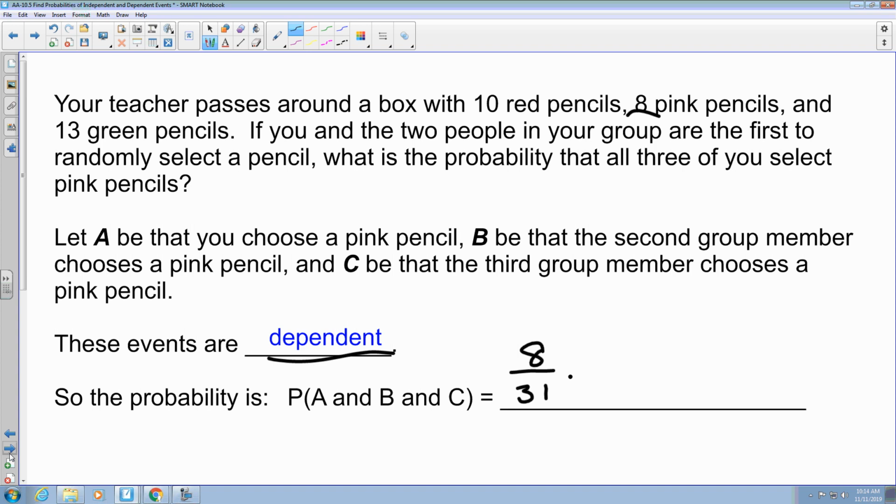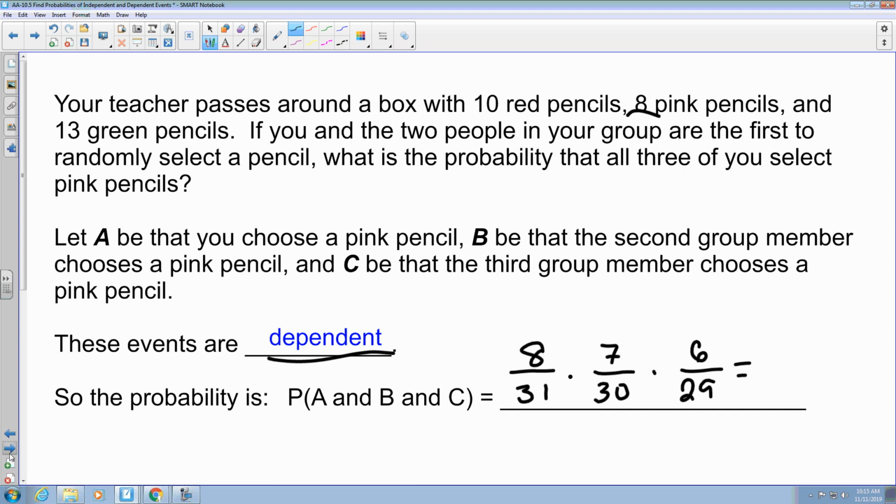Times it by, since it's dependent because there's no replacement, and you made the assumption that the first person already picked a pink pencil, so now there are only 7 pink pencils left, and there are 30 pencils total for that second person to pick. The third person makes the assumption that both the first two people selected pink pencils, so now there are only 6 pink pencils left, and there are 29 pencils total left.